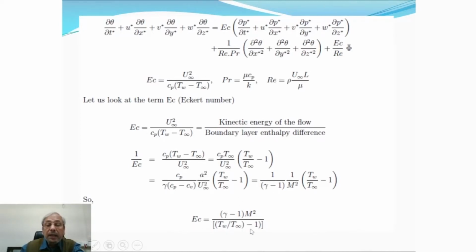Now what we can estimate, basically for incompressible flows or low subsonic flows, the Mach number is 0.3 or below. So this is 0.3 square, that means 0.09, roughly the order, multiplied by gamma minus 1. For diatomic gases and air, gamma whatever we take, this is also something like 0.3, 0.4.